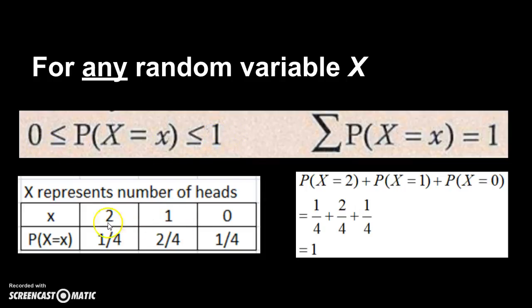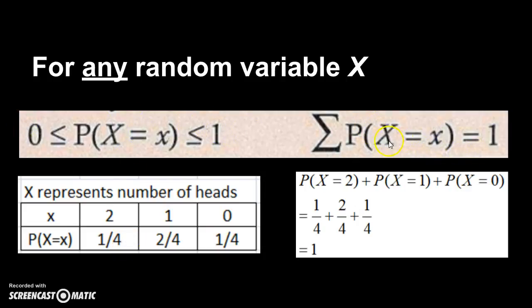So if we look at the previous example, when we have 2 heads, it's 1 over 4, and 1 over 4 is within this boundary. 2 over 4 is also within this boundary. 1 over 4 is also within this boundary. Okay, so the respective probabilities have to be between 0 and 1.